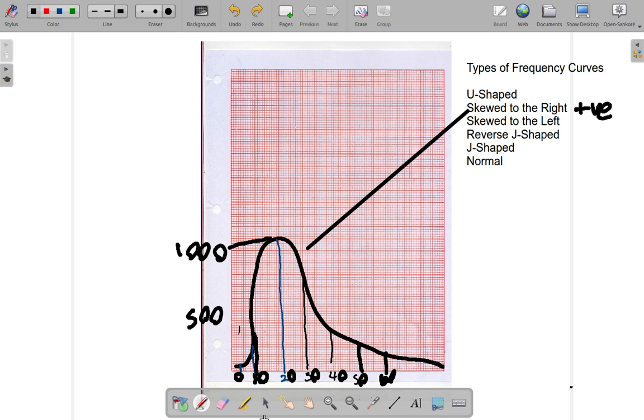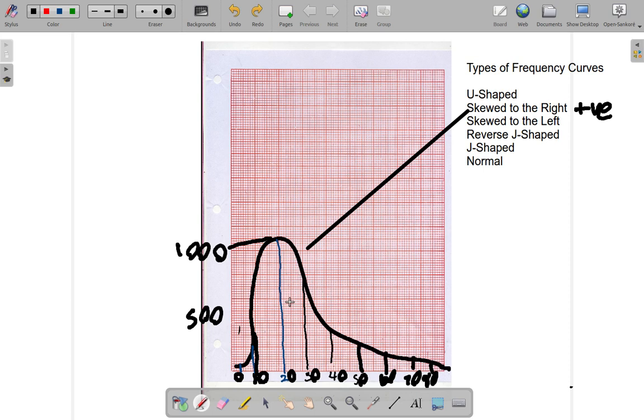Maybe when they were setting the test, they were thinking of those who were able to do very well in the test, and they would appear to the right of this curve. 70, 80, 90, 100. Very, very few persons got 80%, 90, 70.